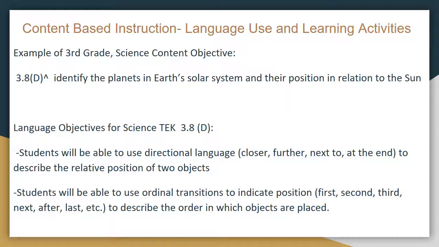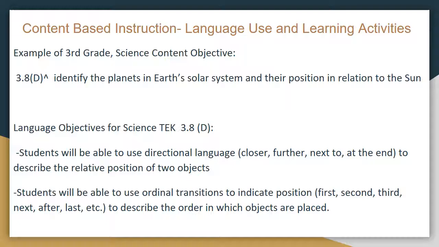The second language objective I thought of was also that students would be able to use ordinal transitions, so transitional phrases, to indicate position. It's like when you're writing these kinds of transitions, you have first, second, third. So when you're writing a paragraph and you want to start the paragraph with first, second, later, next, what have you, that's ordinal transitions.